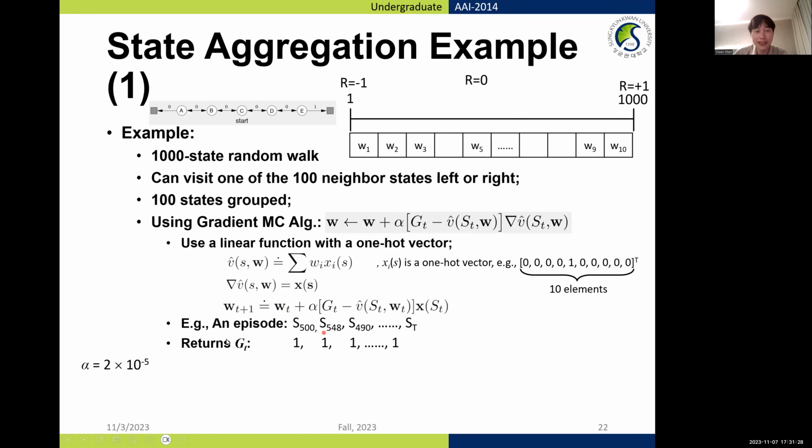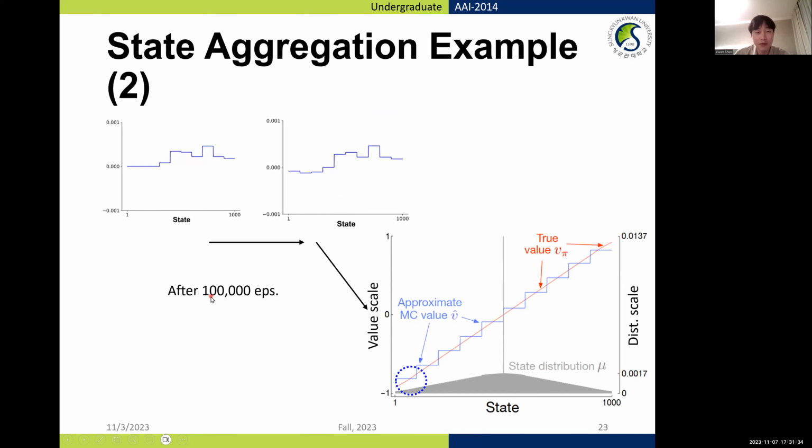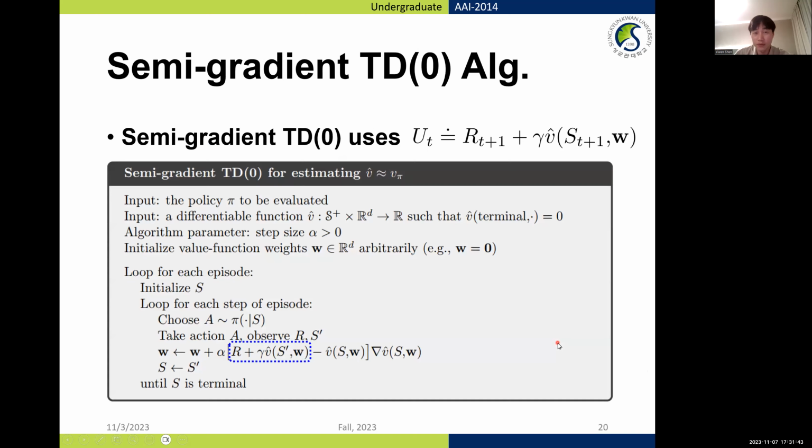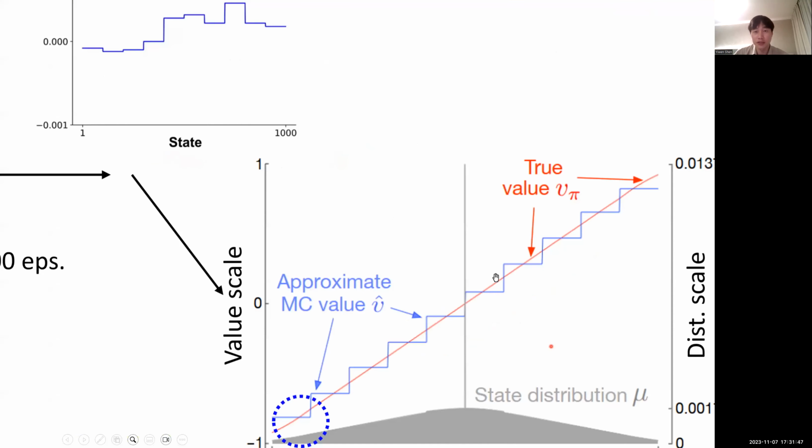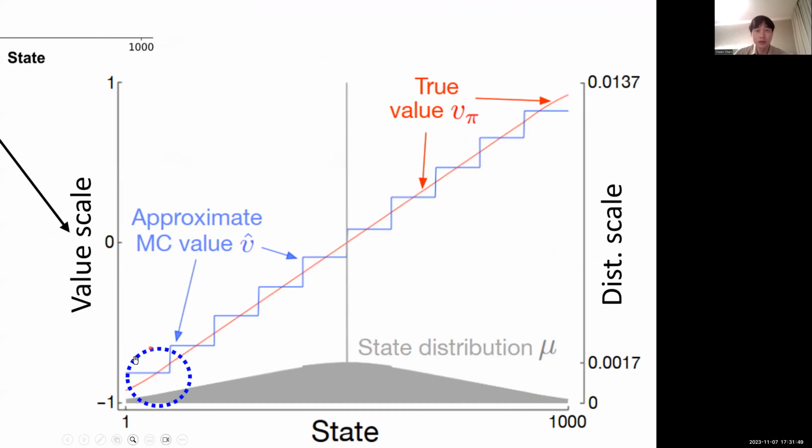So if you run this process, here we just give one episode. If you run, for example, 100,000 episodes, then you can update, and eventually we will approximate this true value of V pi.